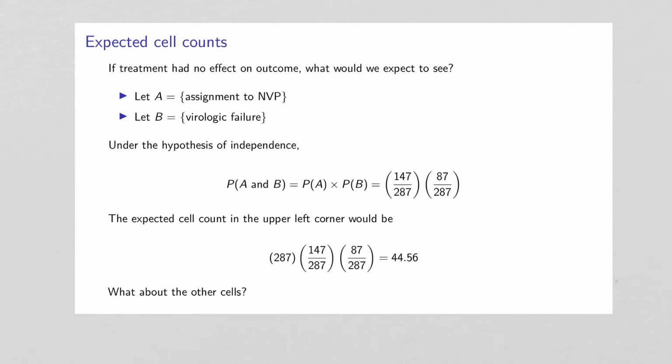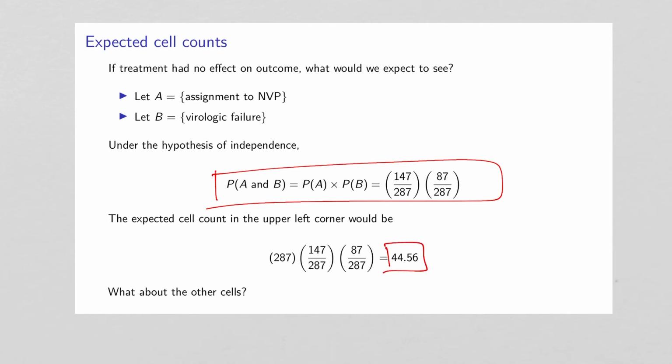So expected cell counts. If treatment had no effect on the outcome, what would we expect to see? Ooh, remember this? Right? So we would expect to see the probability of A and B equals the probability of A times the probability of B. Expected cell count in the upper left corner A would be 44.56, right?